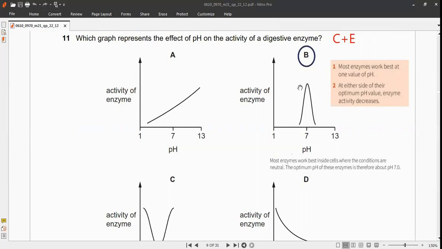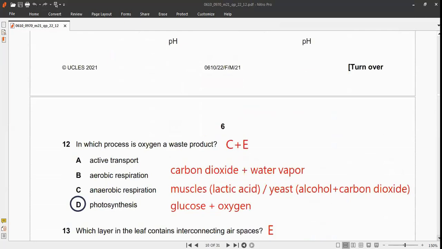Most enzymes work best inside cells where the conditions are neutral, and the optimum pH of these enzymes is therefore about pH 7. So which graph represents the effect of pH on the activity of a digestive enzyme? The correct answer is B, when the optimum pH of these enzymes is about pH 7.